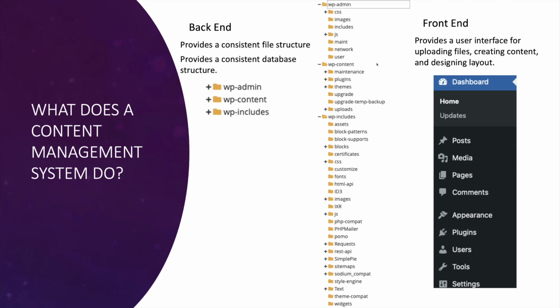So the other thing you need with a content management system is a way to get your files into those folders, right? What WordPress, what a content management system, does is provide some sort of user interface for doing that. In the user interface, you have a way to upload files, to create your content, to design your layout.